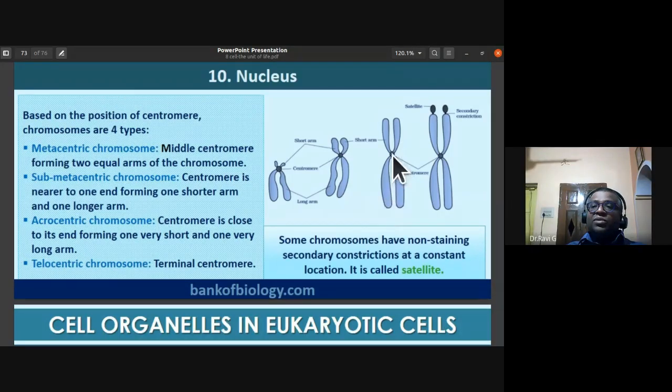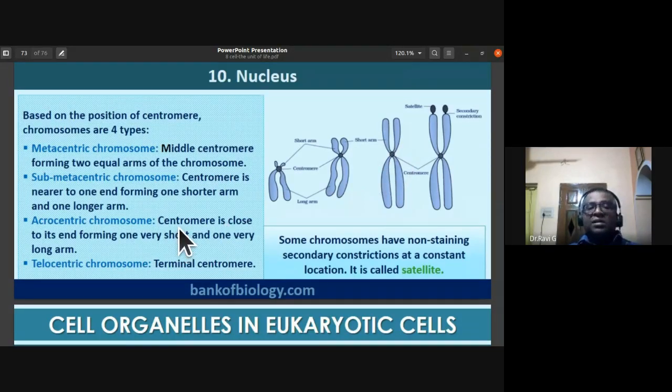In the submetacentric chromosome, the centromere is away from the center and nearer to one end, forming one shorter arm and one longer arm. The metacentric chromosome is V-shaped, while the submetacentric is almost L-shaped, with the shorter arm on one side and the opposite being the longer arm.